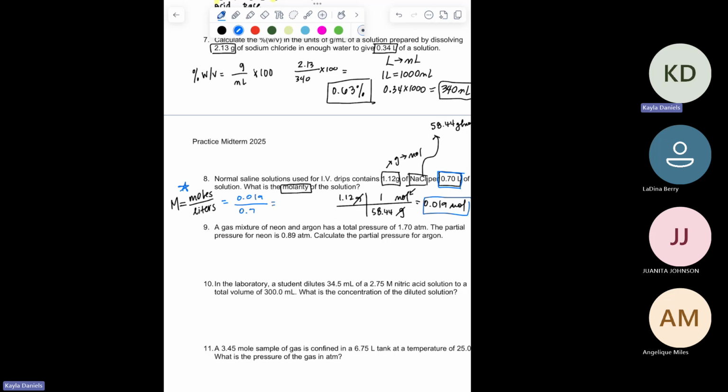And it's just a matter of putting this into the calculator. You get 0.027. We're solving for big M, or molarity. And so my final answer, I have so many things boxed here. Final answer, 0.027.